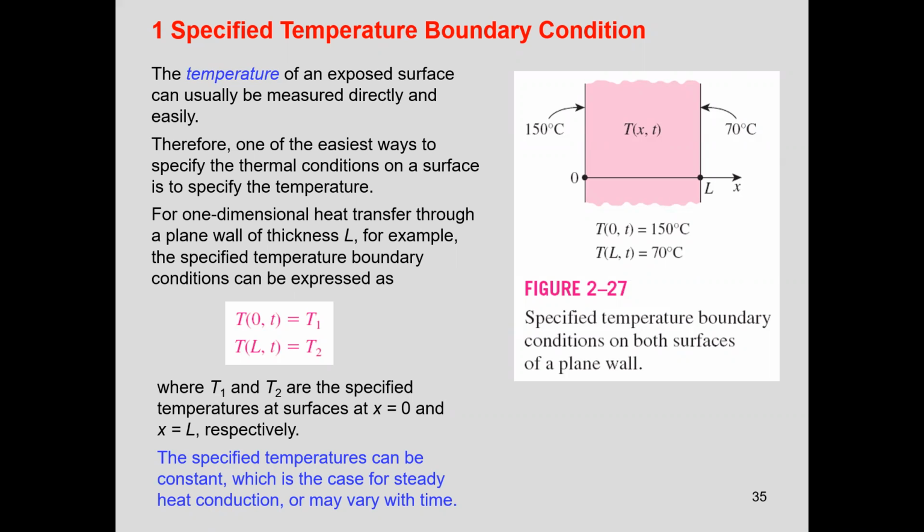For one-dimensional heat transfer through a plane wall of thickness L, for example, the specified temperature boundary condition can be expressed at both ends as T1 and T2, where T1 and T2 are the specified temperatures at the surfaces at x equals 0 and x equals L, which are the boundaries of the surface that we're dealing with.